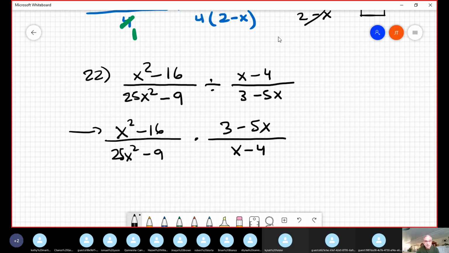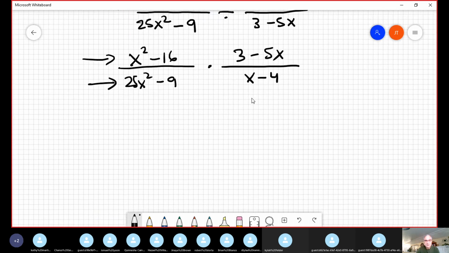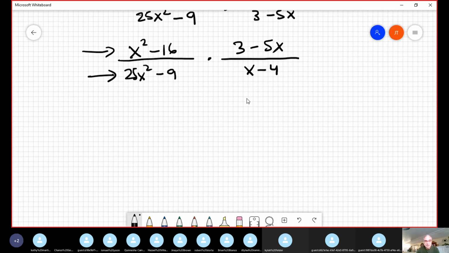Now factorization of this one, and of this one. This is the classical difference of squares. In the factorization, you open two parentheses, x and x, and 4, because the square root of 16 is 4. Then x plus 4 and x minus 4.